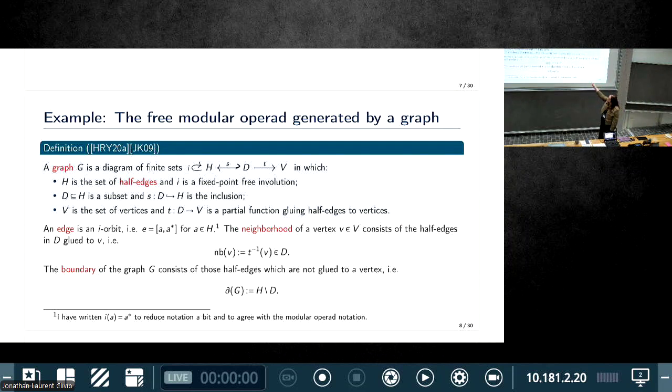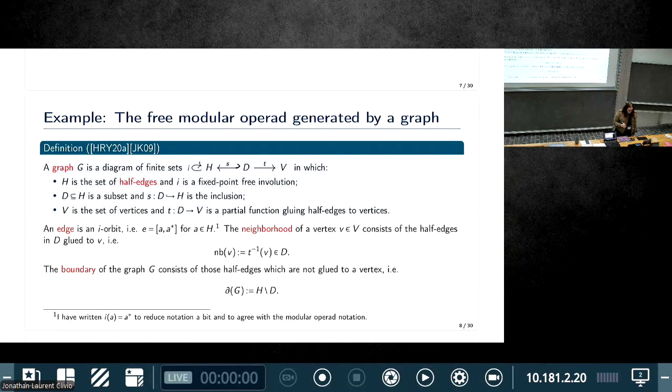The set of half edges which are glued to a vertex, which are around a vertex, we're going to call that the neighborhood of V, but that's just the inverse image. So if V is some vertex, then T inverse of V tells me which half edges are glued to it. And then all the half edges which are not glued to a vertex are called the boundary. So they're the outside edges.